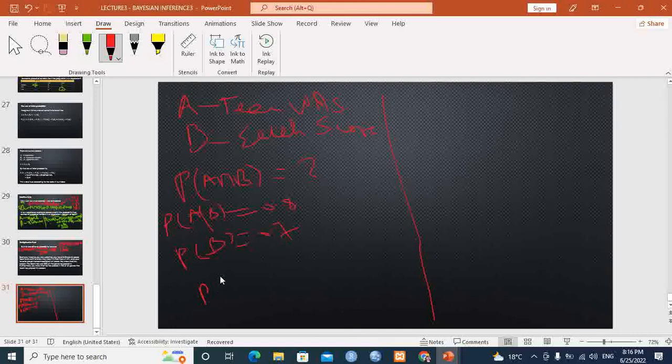So the probability of A intersection B will be equal to the probability of A given B times the probability of B, so times the probability of Salah scoring, right? Which is the probability of A given B, 0.8, times the probability of Salah scoring, 0.7.